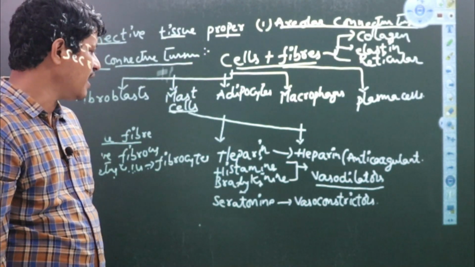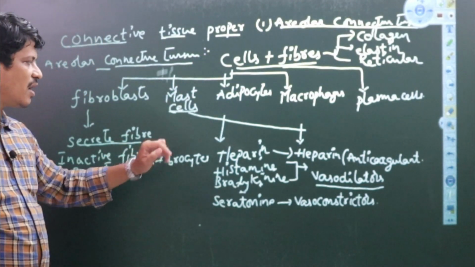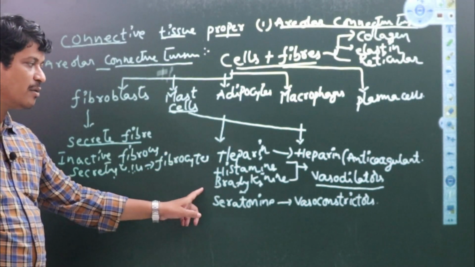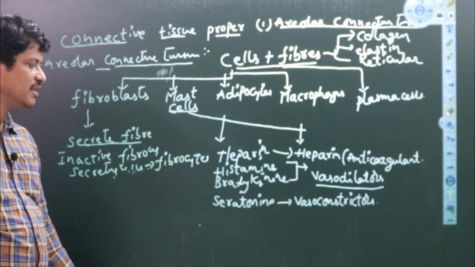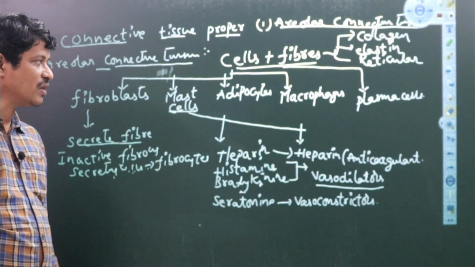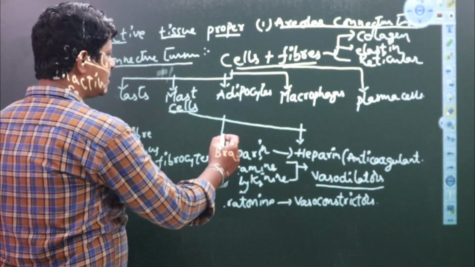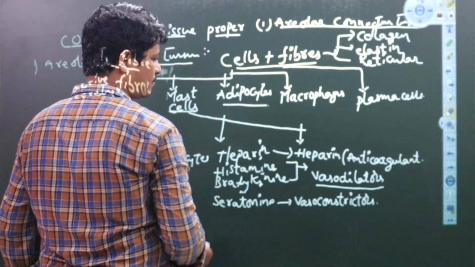These are the mast cells: heparin anticoagulant, histamine and bradykinin vasodilators, and serotonin vasoconstrictor. Now see these adipocytes.